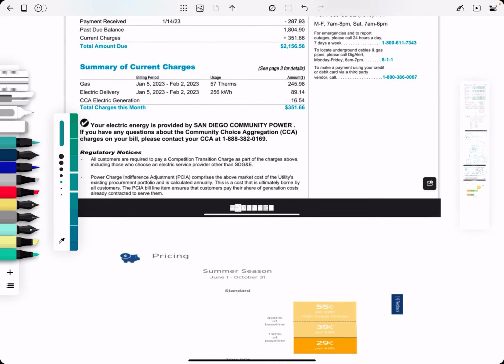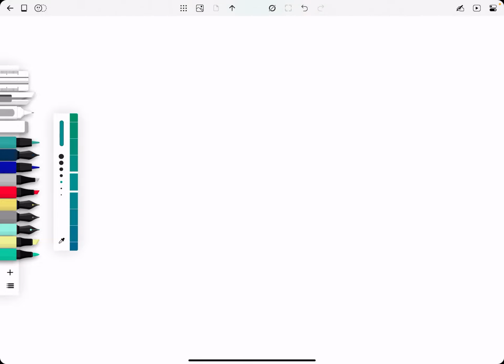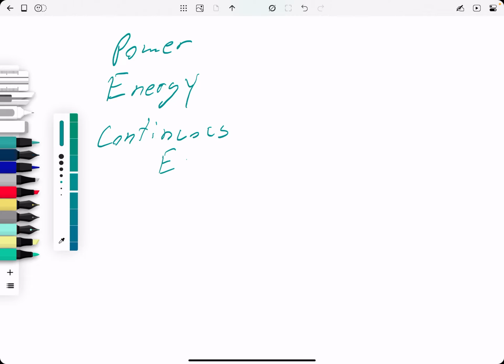How is this important? Well, in a battery, you have power, right? You have energy. Now with a battery, you have continuous energy, and we're going to learn what that is.